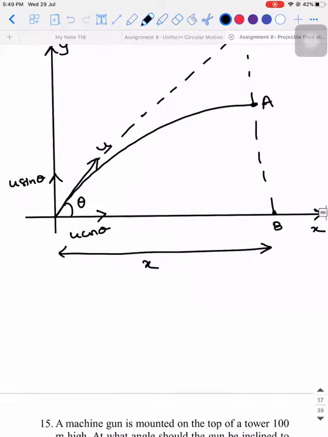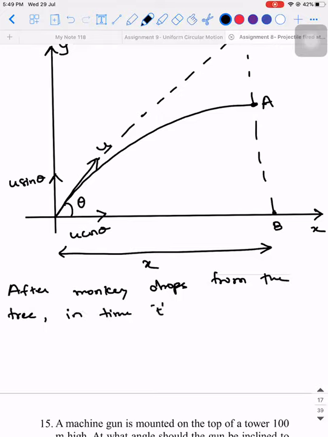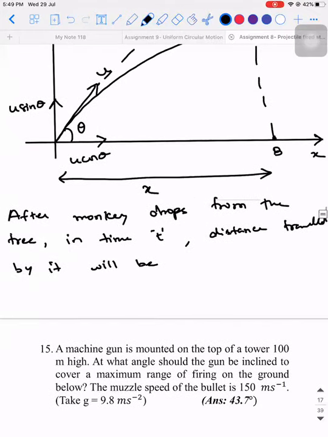So tell me, after the monkey drops from the tree, in time t, the distance traveled by it will be how much? It will be s is equal to ut plus half at square.